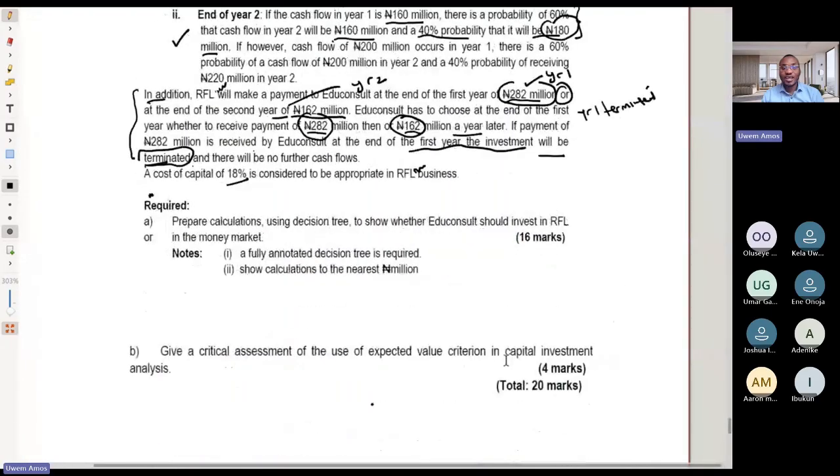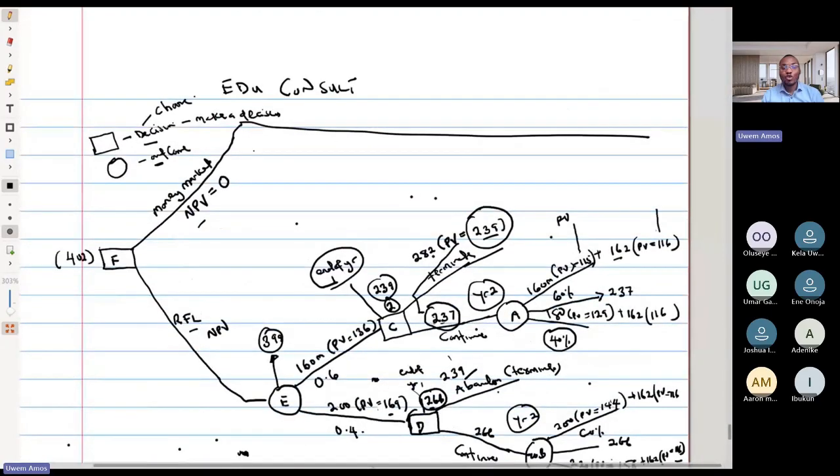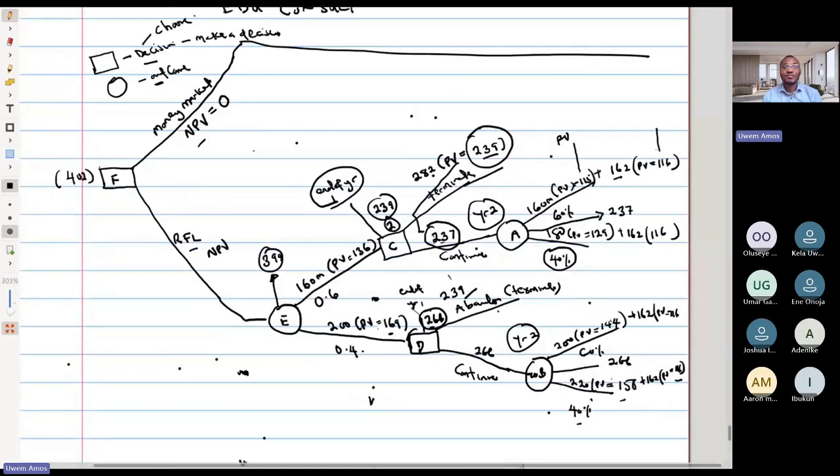Do we invest in money market or do we invest in RFL? If we invest in the money market, this is our point F now. We need to make a decision. Do we do money market or RFL, which is what the question is all about. If we invest in the money market, we explained last week that it is an efficient market. And whenever you have an efficient market, the NPV would be 0.